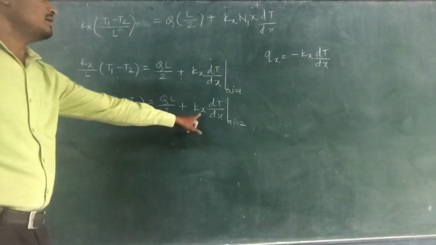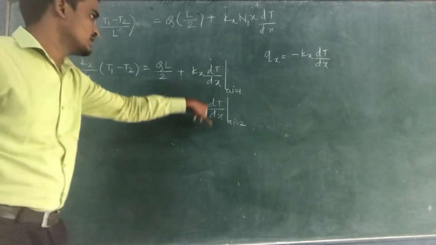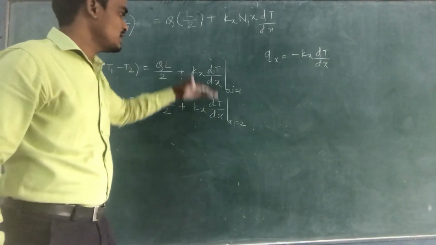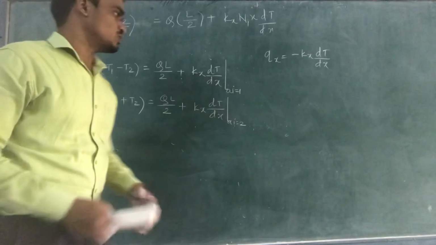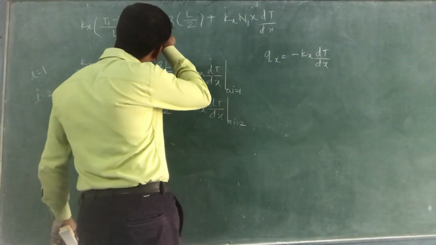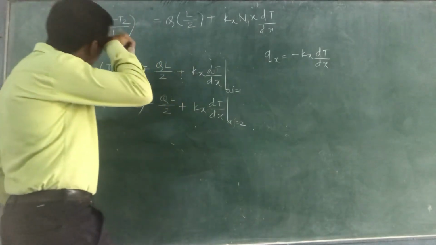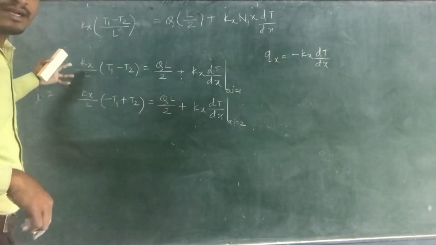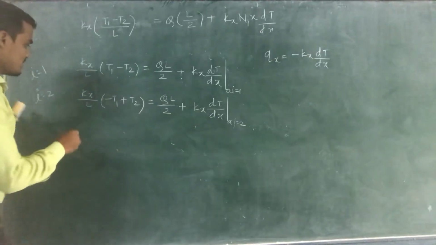This is again a boundary condition at node 2. This is a boundary condition at node 1, meaning heat flux at node 1, heat going out at node 2. So finally, these two equations can be written in matrix form.